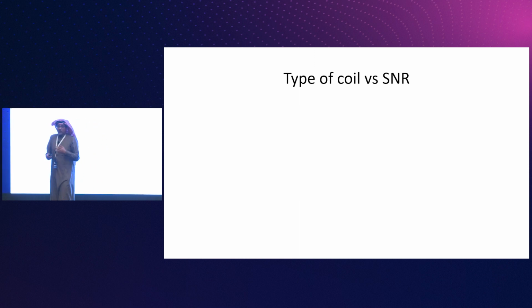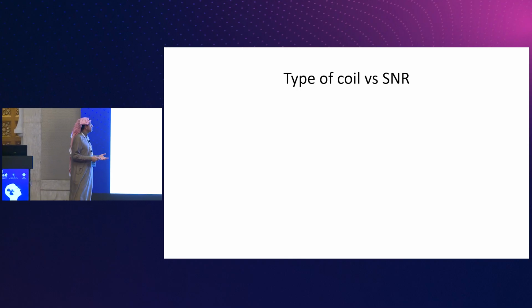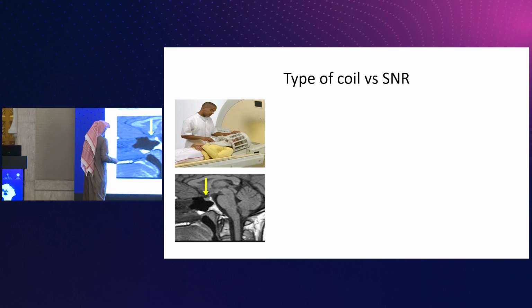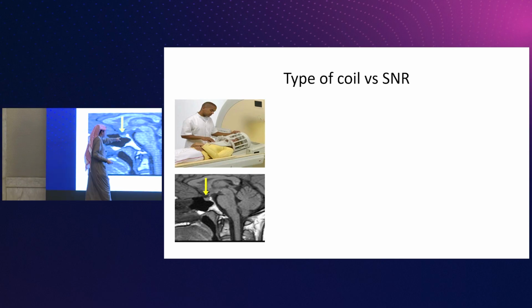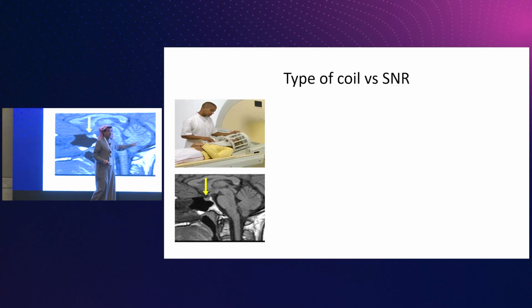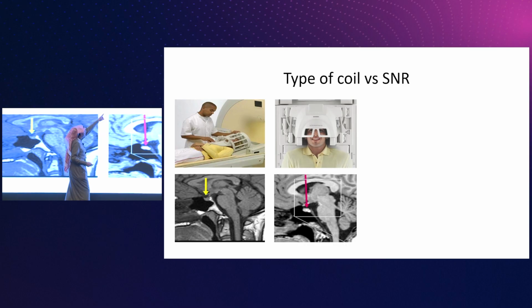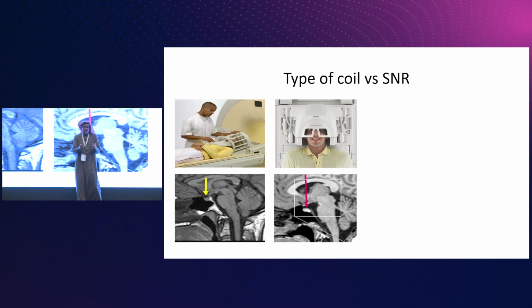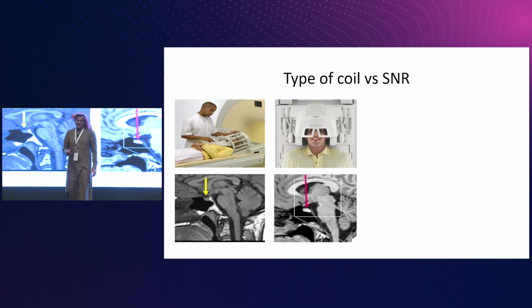Okay? So the coil really makes a difference. Here we have this coil, which shows me the pituitary, the cerebellum, and see the high resolution coil, see the cerebellum. You can see the branches of the cerebellum.